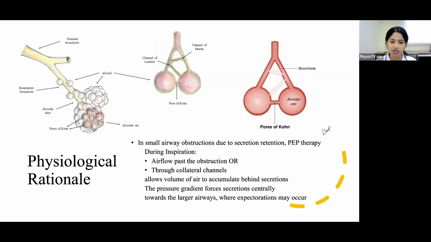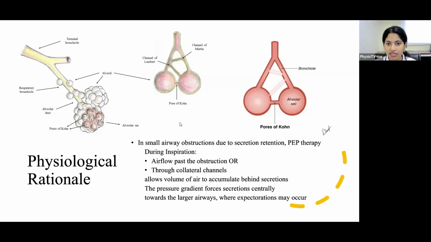So in inspiration, in cases of severe airway obstruction due to retention of secretions in the small airways, with the device there is an airflow that goes past the secretions, or there are collateral channels to these airways which are activated and utilized in this therapy.